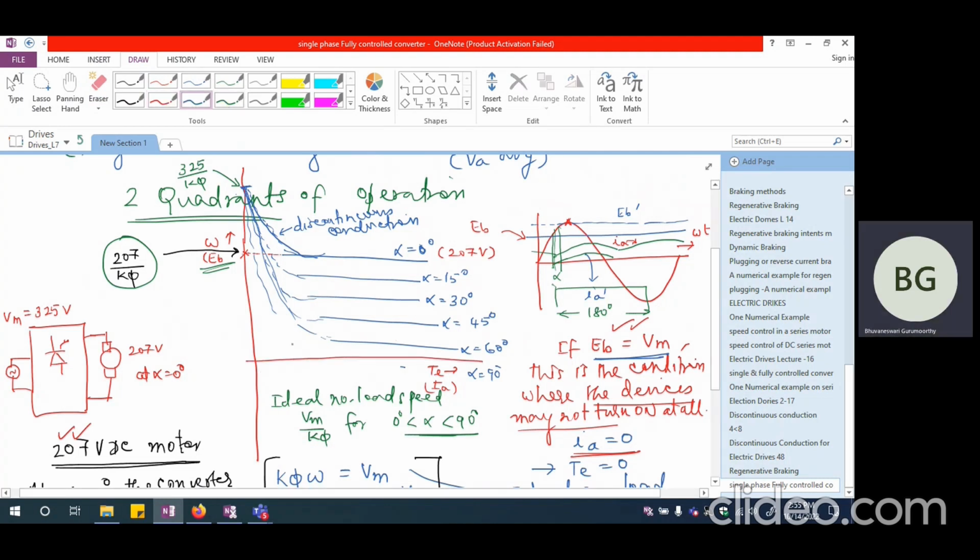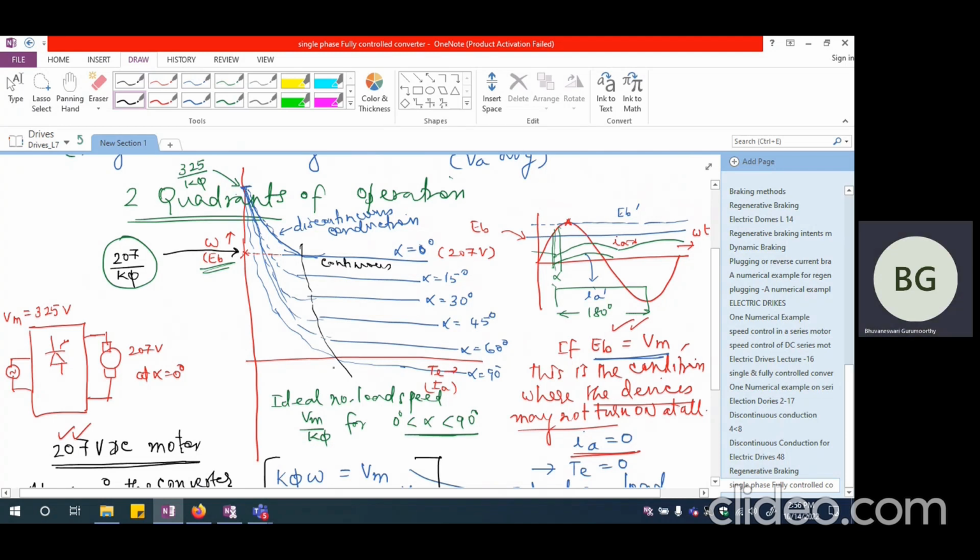So from alpha equal to 0 to alpha equal to 90, the speed torque characteristics are going to be like this, and I should show these as the discontinuous conduction region. Only from here it is going to be continuous. So the continuous and discontinuous conduction boundary is shown here.